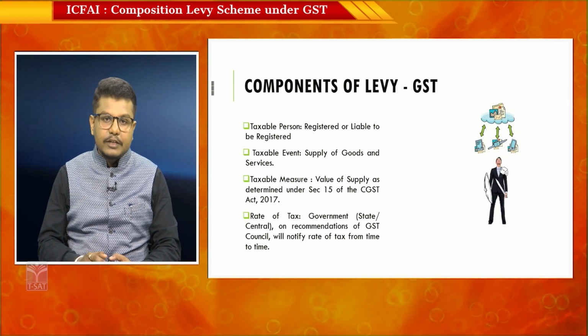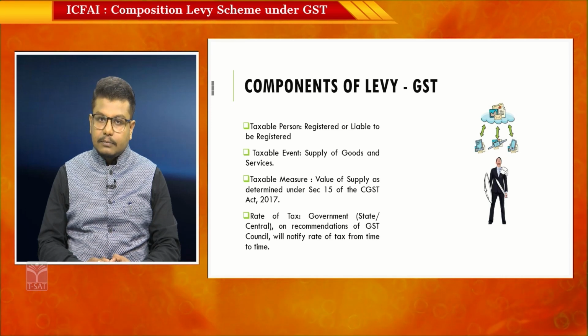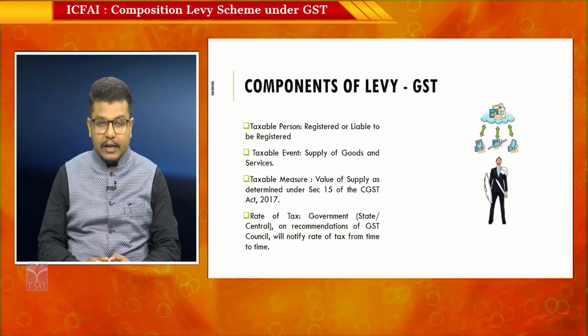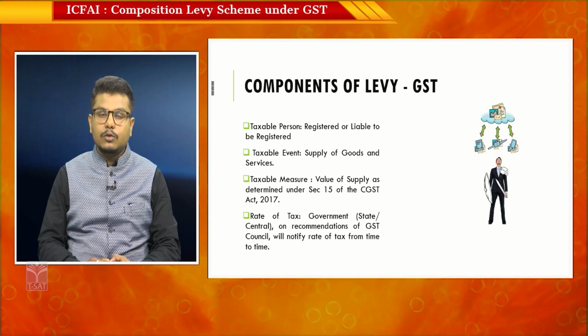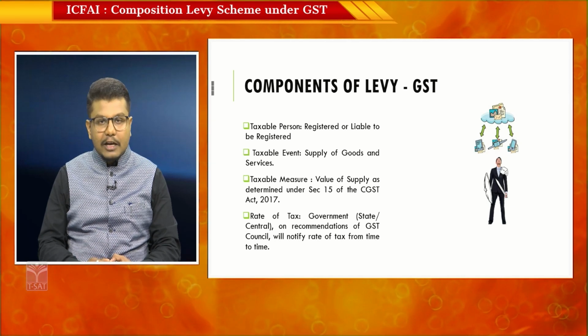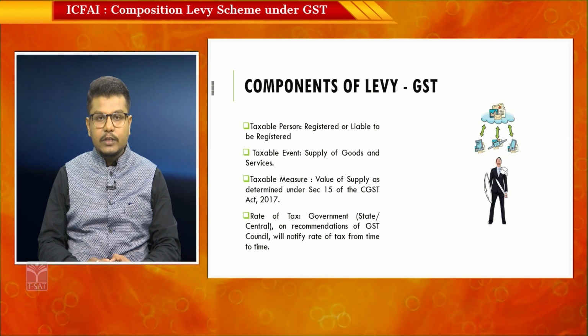Here, Section 15 is the focus. As per Section 15 of the CGST Act 2017, the value of supply is to be primarily determined. What is going to be the value of the supply of any kind of goods or any kind of services that is getting supplied? On that value only, the GST is to be imposed.